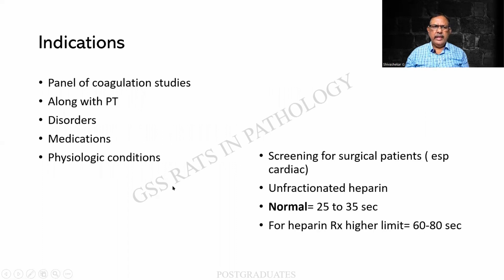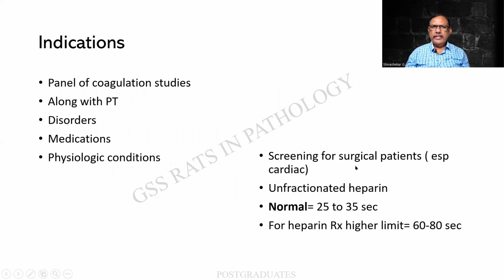The indications are, there are a panel of coagulation studies as I had mentioned earlier. One, it has to be done along with the prothrombin time. Independently, it is meaningless. For any of the disorders that can be associated with bleeding, medications, physiological conditions as well.